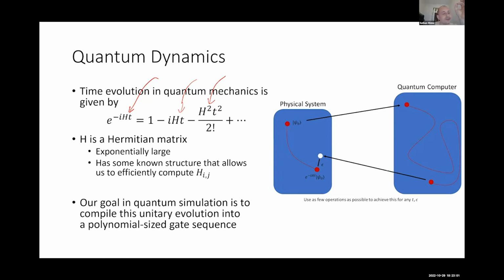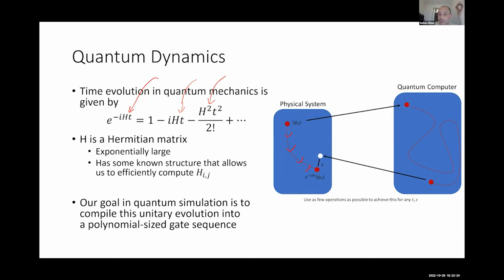The entire simulation takes place in the quantum computer, but we need these mappings back and forth between the physical system and a subspace of the quantum computer in order to make the simulation make any sense. So the physical system undergoes some continuous time evolution from its initial state to its final state. And we'd like to mimic that.